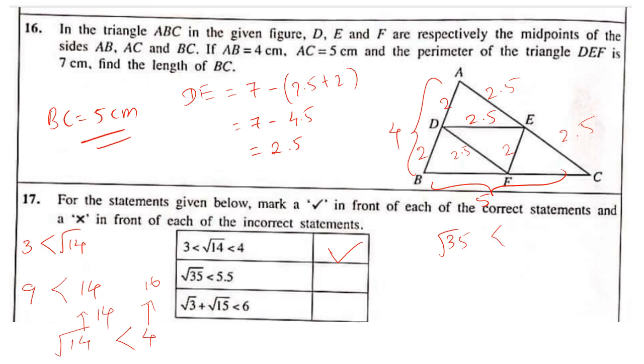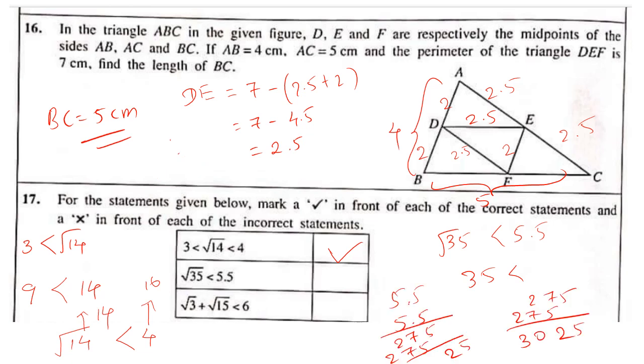Root 35, root 5.5. So let's take the squares of both sides. The square of root 35 is 35. The square of 5.5, let's see, 5.5 into 5.5, right?